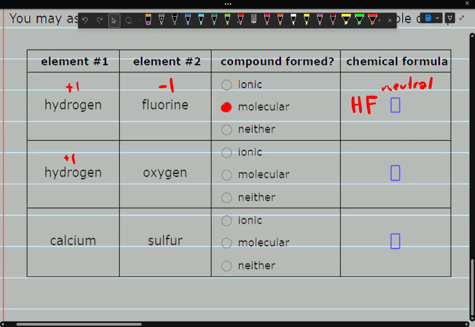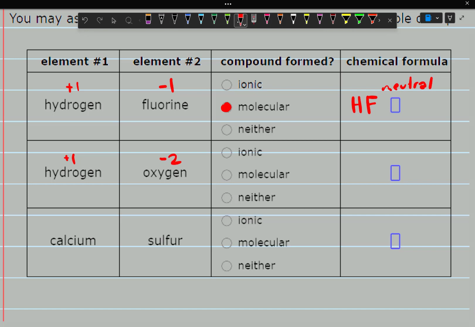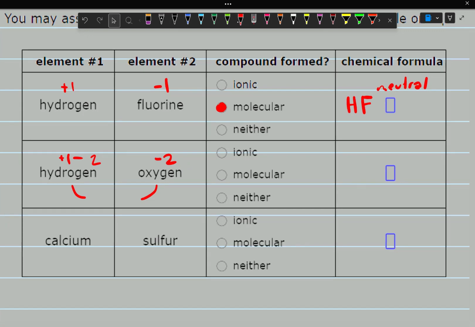Oxygen is a group 6 element, so we know that group 6 elements have a charge of -2. And so if we have a +1 charge coming together with a -2 charge, then we're going to need two +1 charges in order to balance out the -2 oxygen.